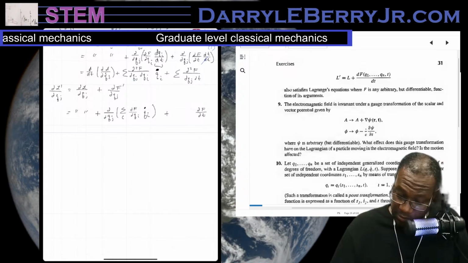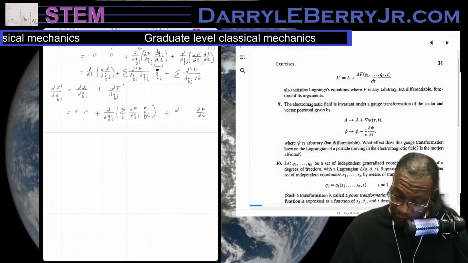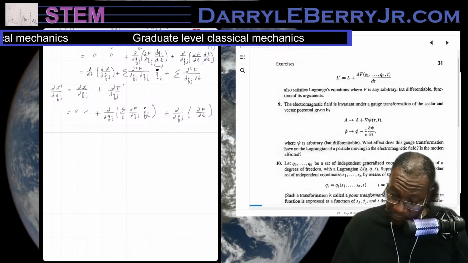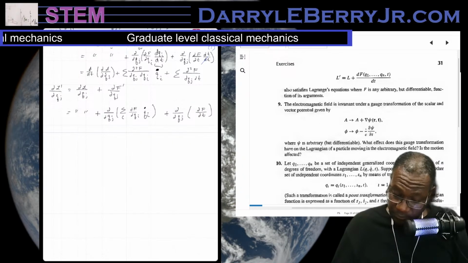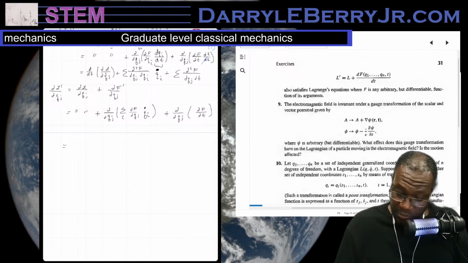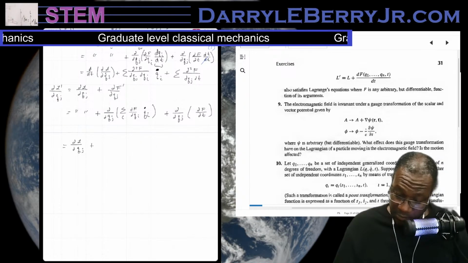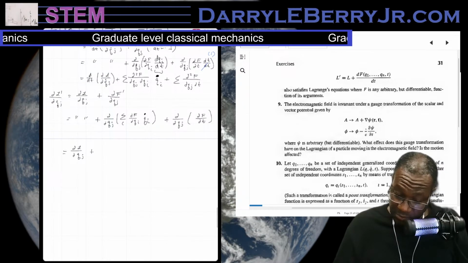Plus partial over partial q_j of this. Look at that. So this equals partial L over partial q_j plus, we see this seems to be the same thing as before.